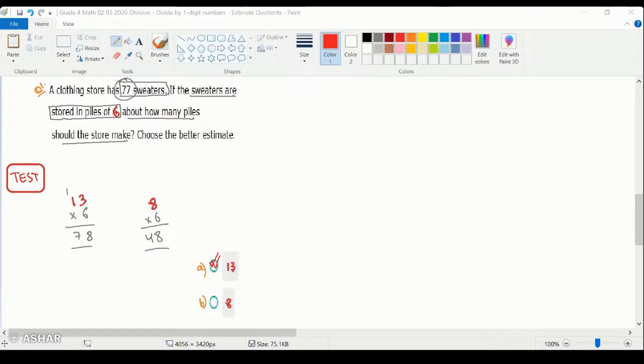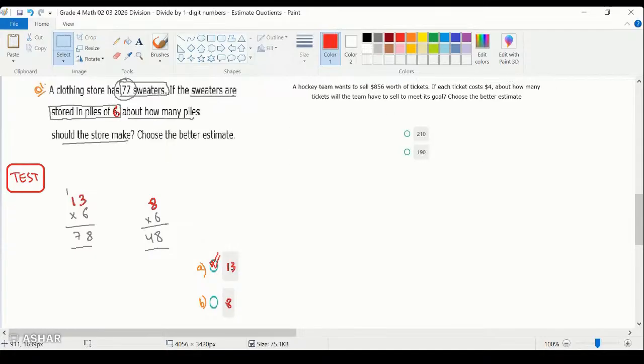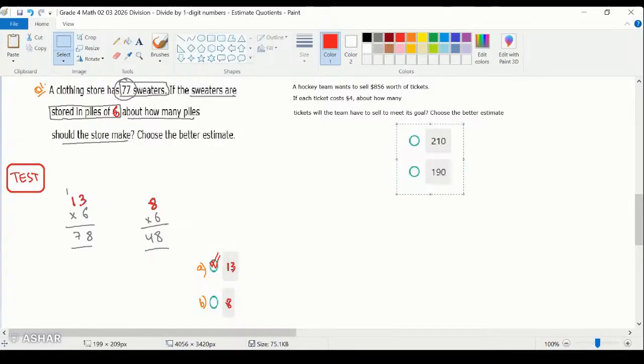Okay, I thought I still had the same question, but it's the hockey team. If I get the chef question, I'll skip it. These are the two options given to us.